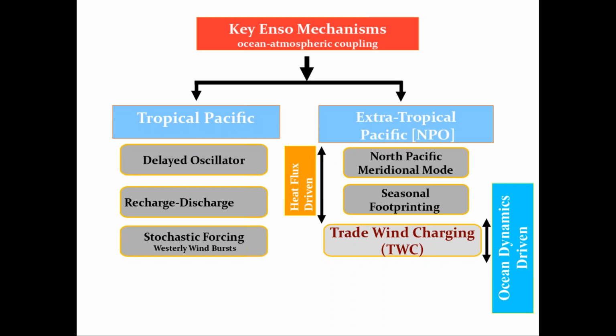It is more and more prominent that the extratropical Pacific has a strong impact on the tropical Pacific, and these are a few mechanisms now vigorously used to explain this. North Pacific meridional mode and seasonal footprinting are mainly associated with the heat flux driven part of the North Pacific oscillation, and the trade wind charging mechanism is the ocean dynamics driven part of the extratropical forcing. So our main focus is this trade wind charging mechanism.